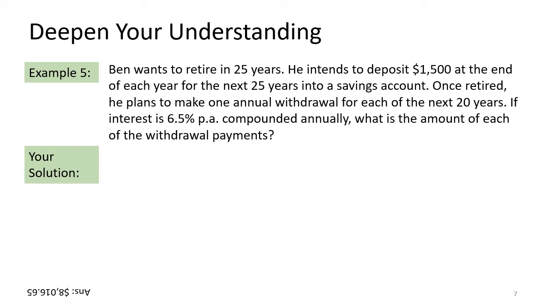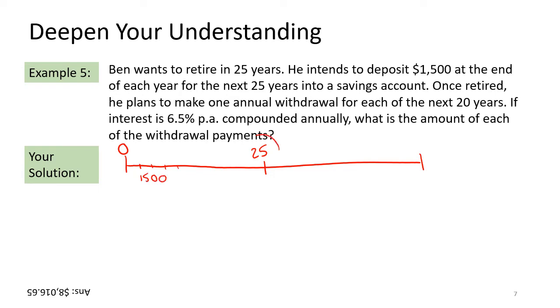So there's 2 steps in this problem. The first step is before he retires. So this is year 0. This is 25 years into the future. He has payments of $1,500 each year for 25 years.